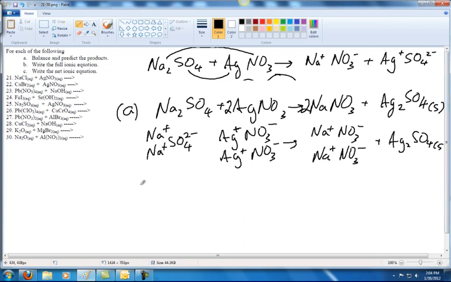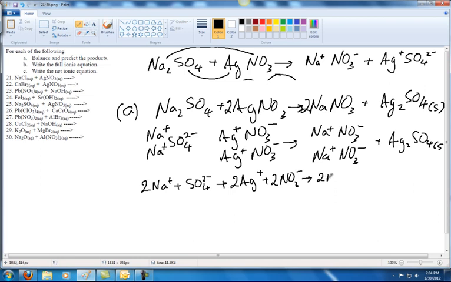Alright, so now I can go ahead and draw out the full ionic equation. It's going to look like this. There's going to be two Na pluses. There's going to be one SO4 2 minus. There's going to be two Ag pluses, and there's going to be two NO3 negatives.